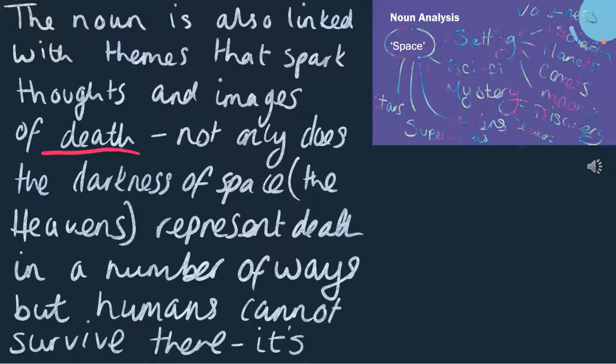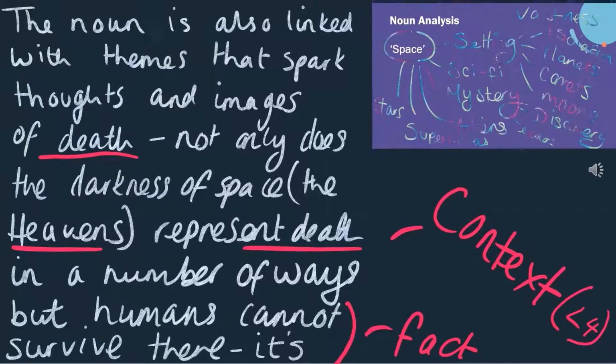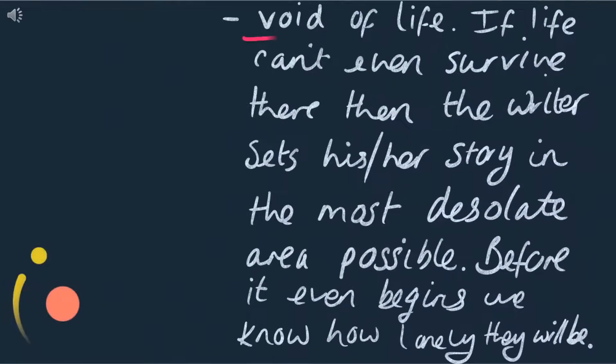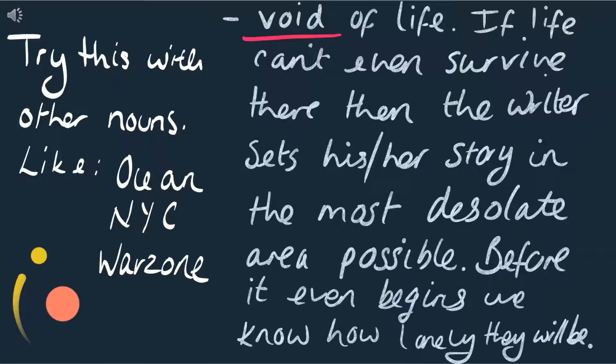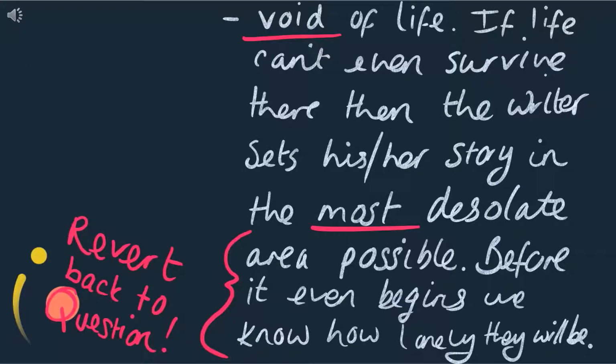Not only does the darkness of space, the heavens, represent death in a number of ways, but humans cannot survive there. It's void of life. If life can't even survive there, then the writer sets his or her story in the most desolate area possible. Before it even begins, we know how lonely they will be.